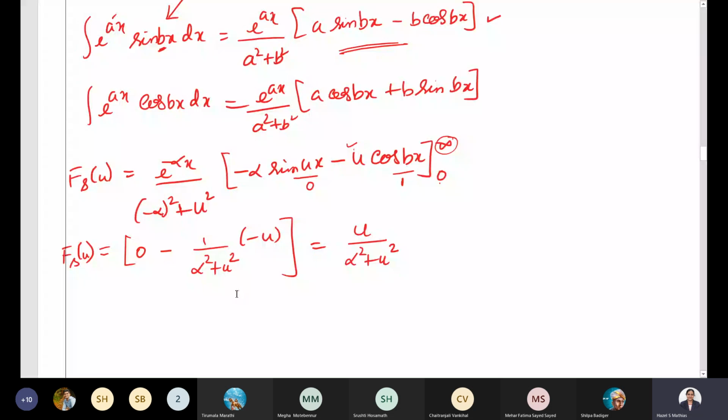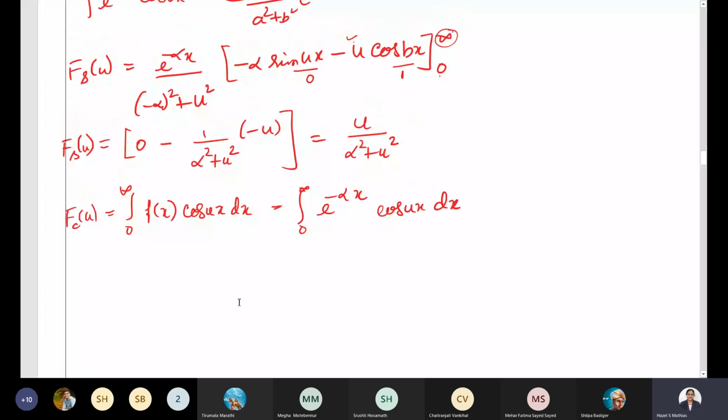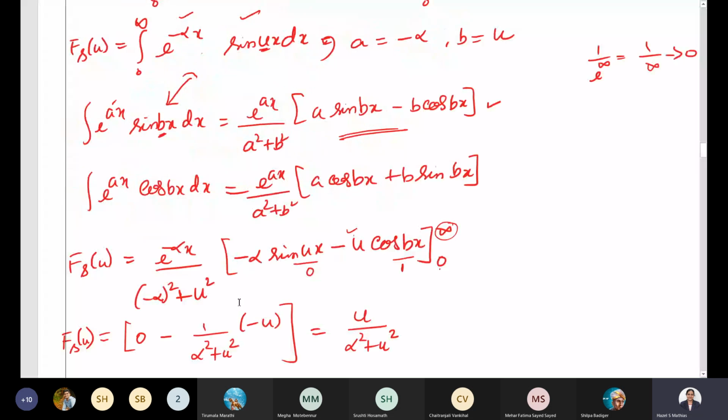What is the Fourier cosine transform formula? 0 to infinity f of x cos ux dx. So that is equal to 0 to infinity f of x is e power minus alpha x into cos ux dx. Now apply the second formula, e power ax into cos bx, it's e power ax by a square plus b square. Here also a and b are same.